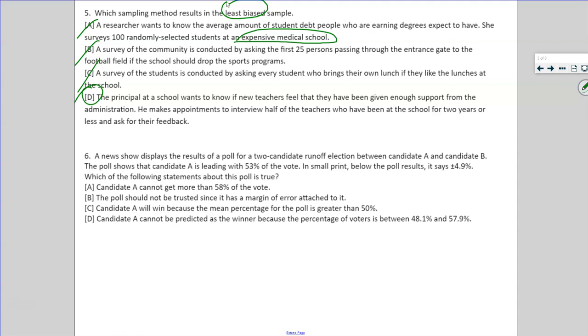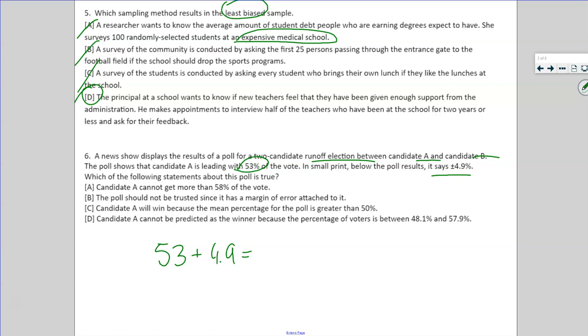The news shows display the results of a poll for a 2-candidate runoff election between candidate A and B. The poll shows that candidate A is leading with 53%, and that the margin of error is 4.9. So again, as you guys remember, we're going to take the 53% and add and subtract our margin of error.